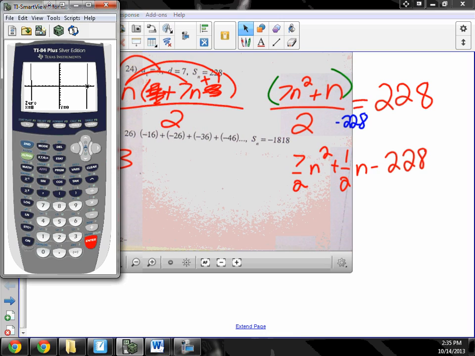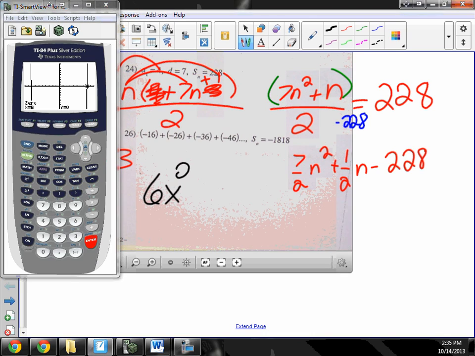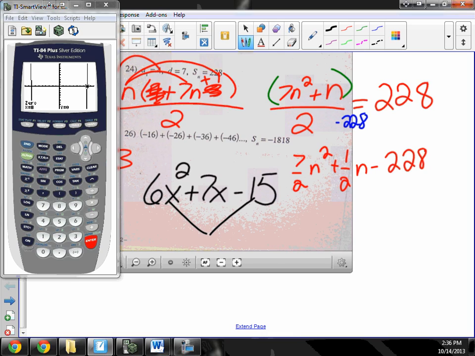What happens if I work down and I get an equation like this? 6x squared plus 7x minus 15. Can I factor that? I mean, can I try to factor it? Do you remember the method? You times these together, and we would get negative 90x squared.